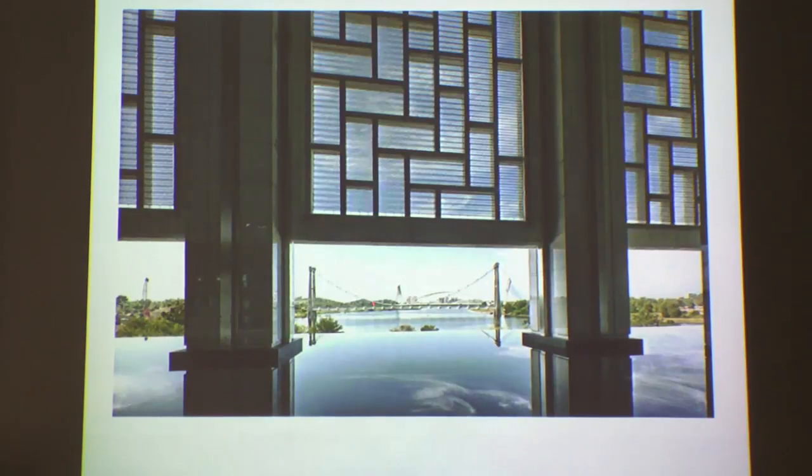So this is actually open, and this is, in fact, a very effective cooling technology. So you have water surrounding the building on three sides and the breeze blowing through it. So it does provide a very effective natural cooling technique, with some of the modern bridges of the area in the background.